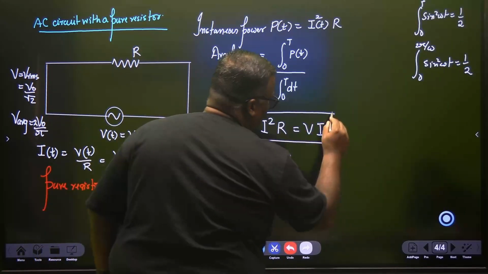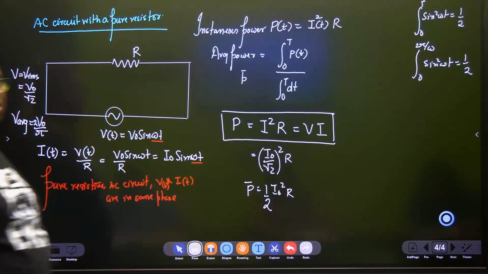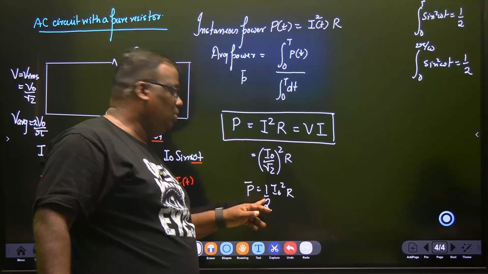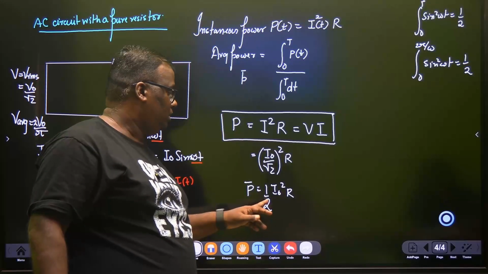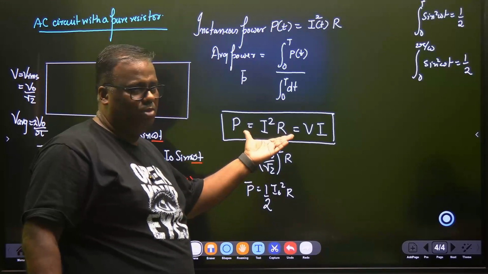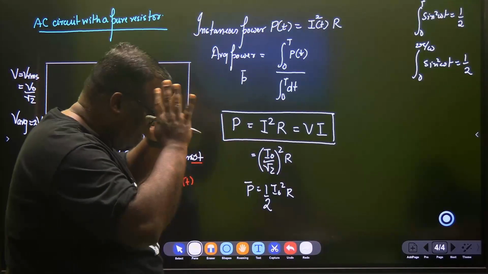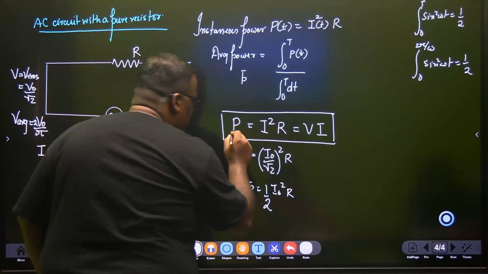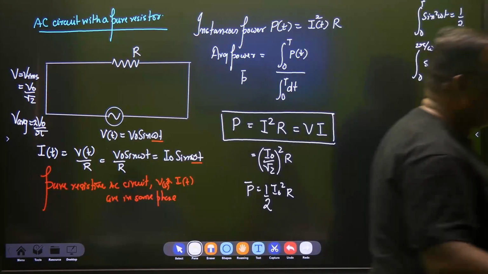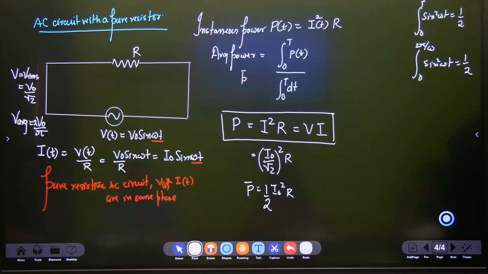RMS power and average power come out the same. But when you use average power by this, with the half, then you use I naught. This formula we don't use that much. We will be using the other formula only. But keep one thing in mind: whenever you see the letter alone, it is always the RMS value. Did you understand that? It will be the RMS value.